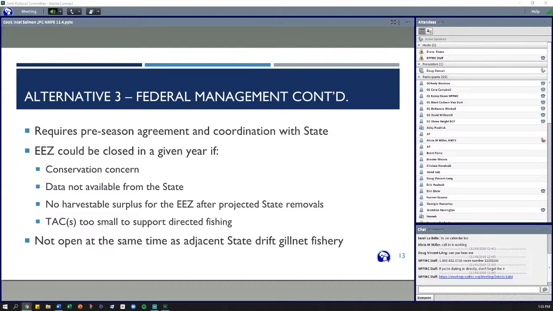One of the anticipated management measures is that the EEZ fishery would not be open at the same time as the adjacent state waters drift gillnet fishery. So there would be off-cycle openings to allow more coordinated management of the federal fishery.